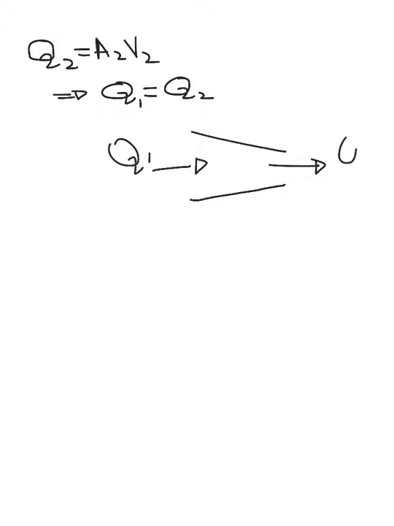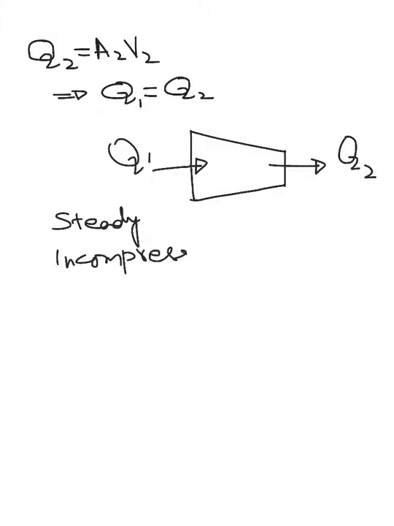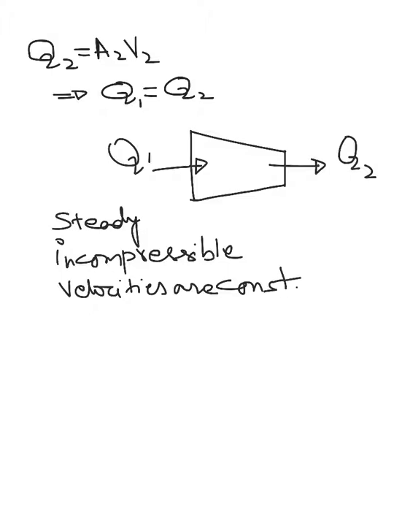That is one of the major results we have obtained using conservation of mass. But make sure that there are important assumptions: the flow is steady and incompressible, and the velocities are constant at this section, they are not varying.